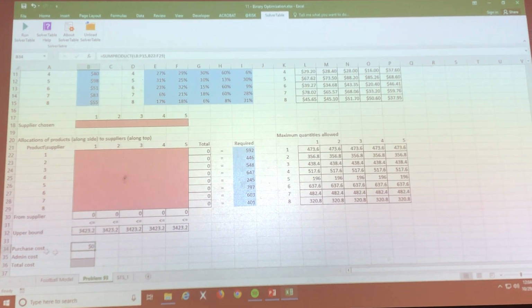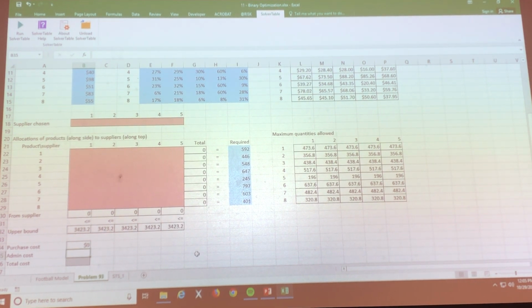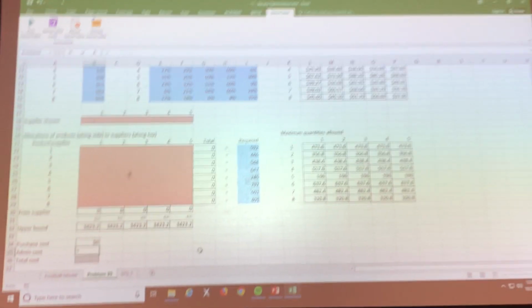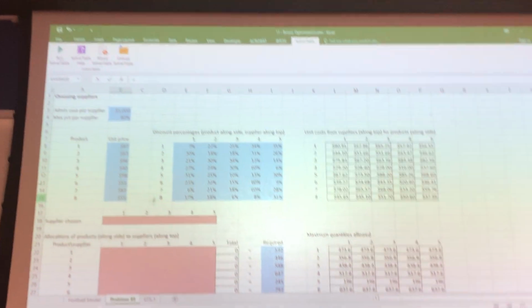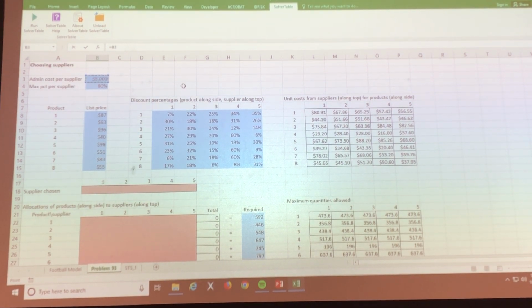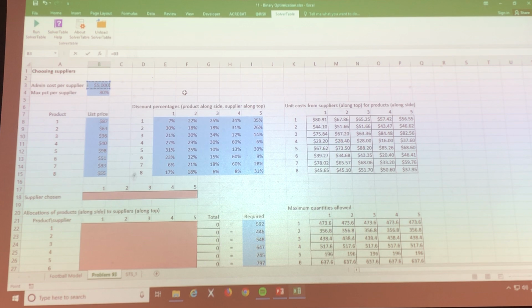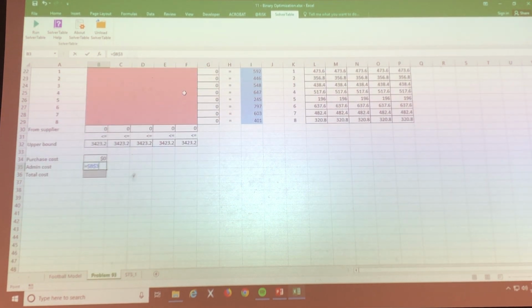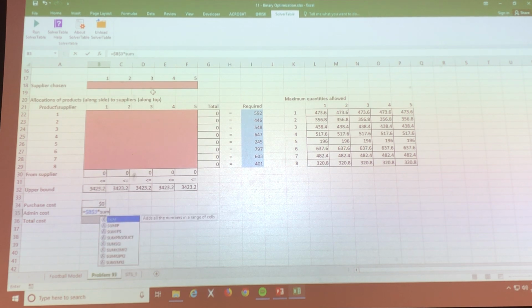Okay. What about the administrative cost? How do I calculate it? Administrative cost per supplier times the supplier's share. We have here the administrative cost for a supplier, $5,000. We know that for every one we choose it's $5,000. I'm gonna make that an absolute reference to that cell. And then we multiply that by the suppliers chosen, so we sum that up, because in here the idea is that we're gonna have zeros and ones.